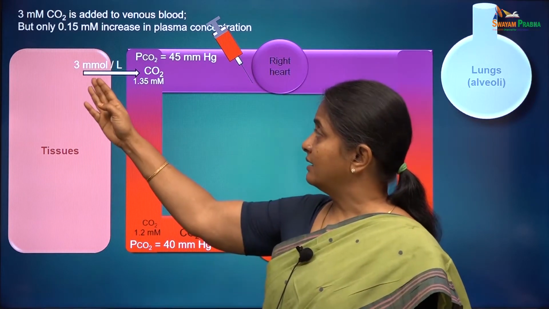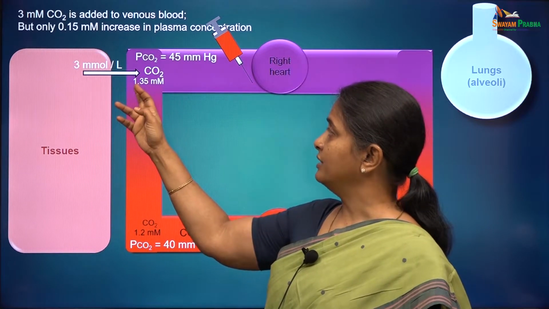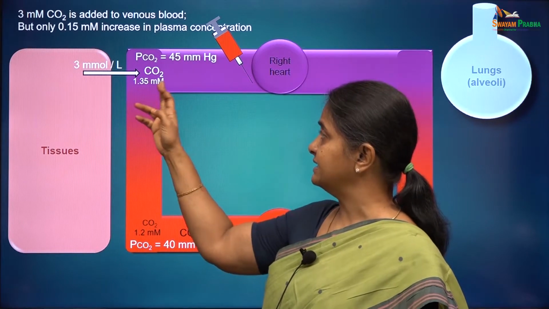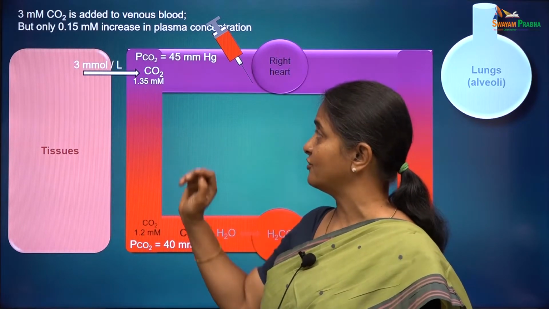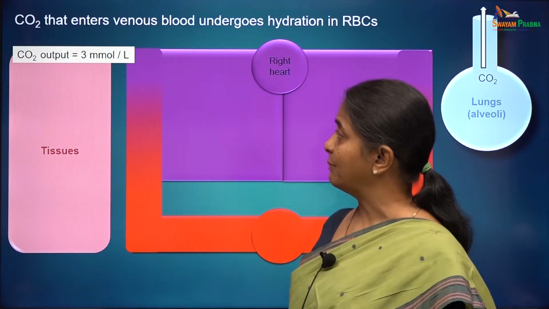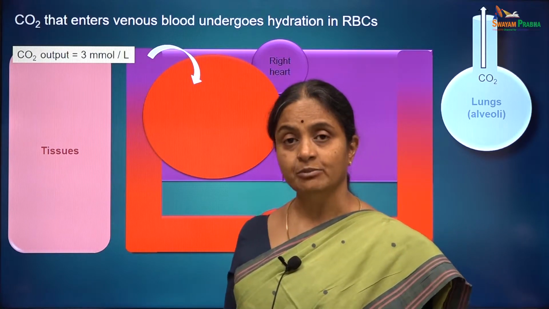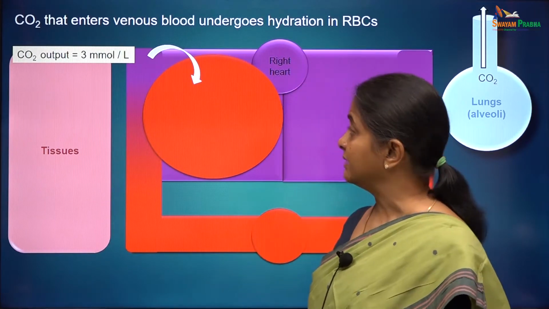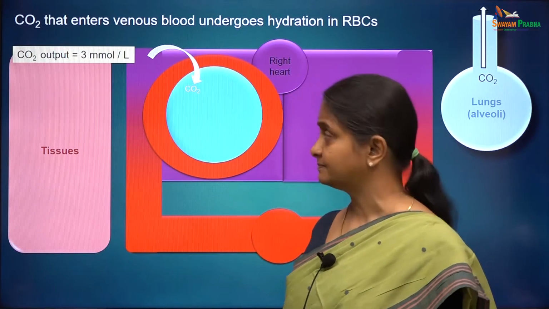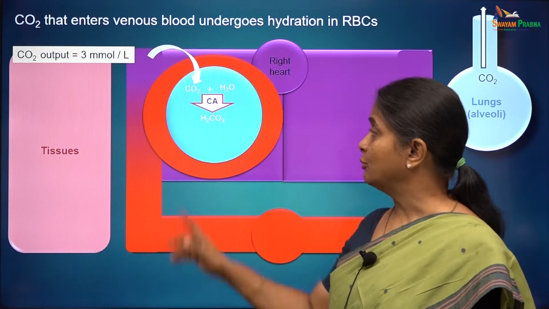Well, while 3 millimoles per liter carbon dioxide comes into venous blood, only a 0.15 millimoles per liter increase occurs in the concentration of carbon dioxide that is already there in the arterial blood. What happens to the rest of the carbon dioxide? We know that carbon dioxide moves into red blood cells and reacts with the water phase of the red blood cell cytoplasm to form carbonic acid.